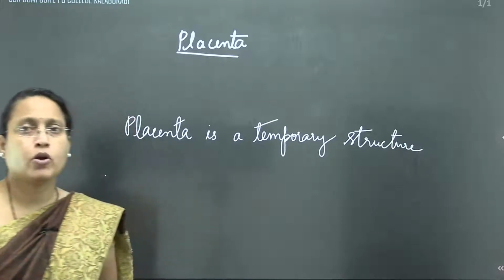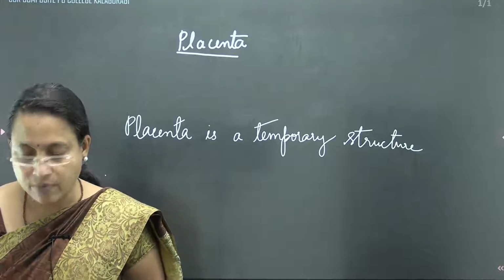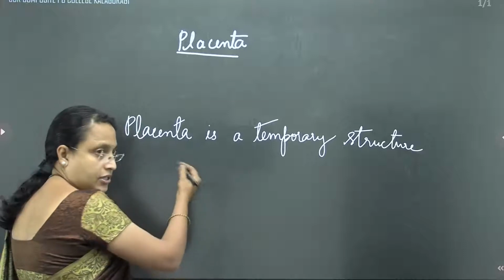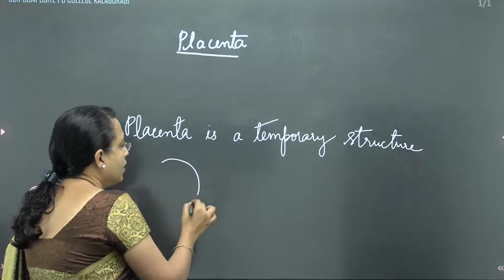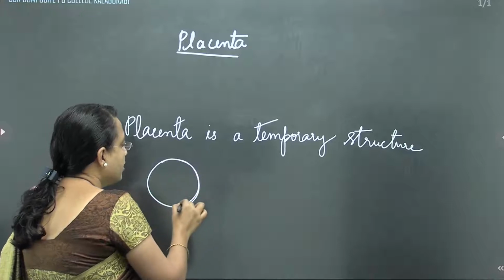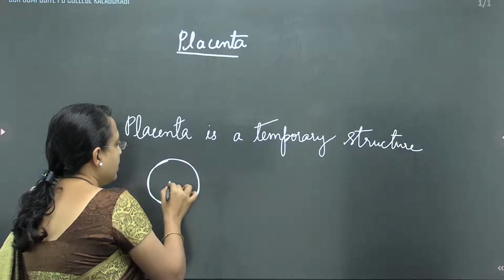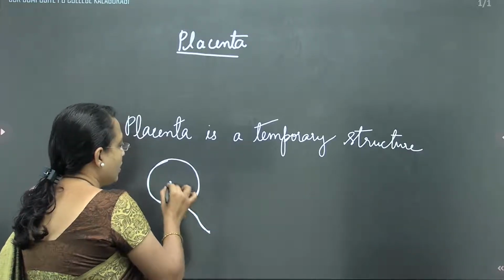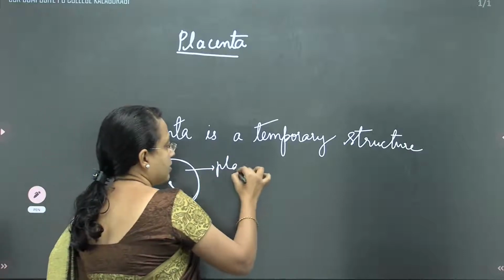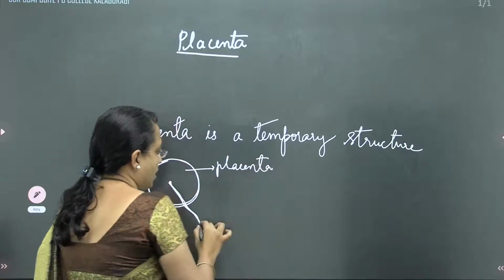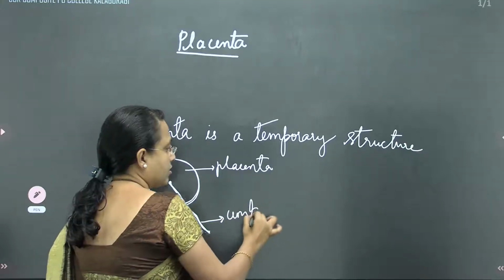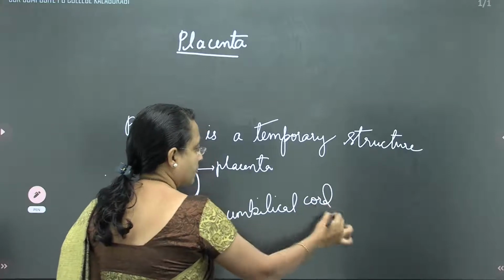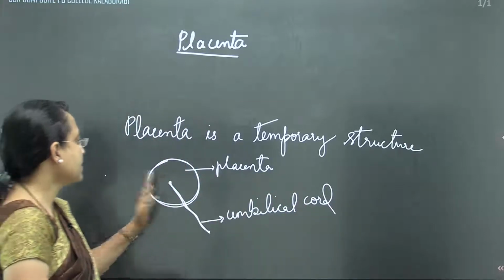This placenta will be approximately 500 grams and it is supposed to be disc shaped. That means when the disc shaped placenta is removed, it will be circular and in the center comes the umbilical cord. So this will be the placenta and the structure here will be the umbilical cord, usually arising from the center.